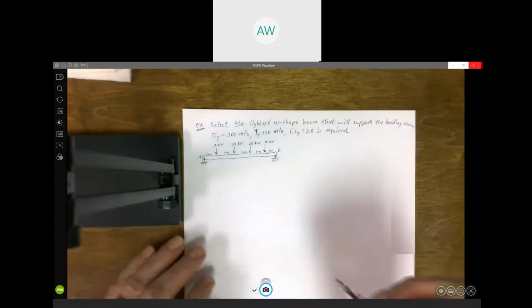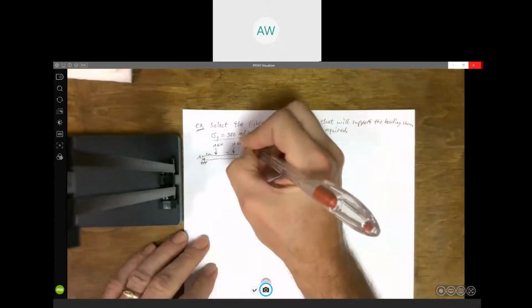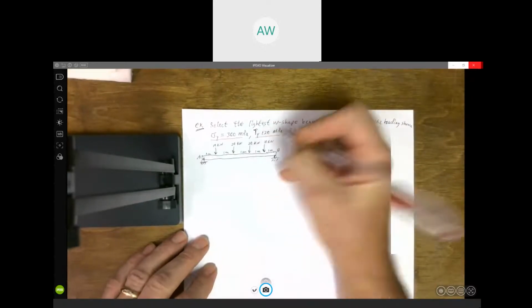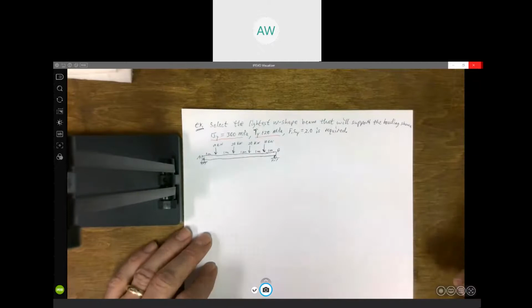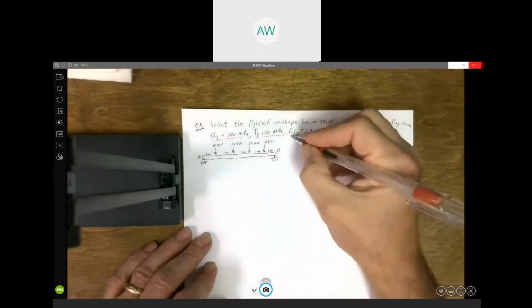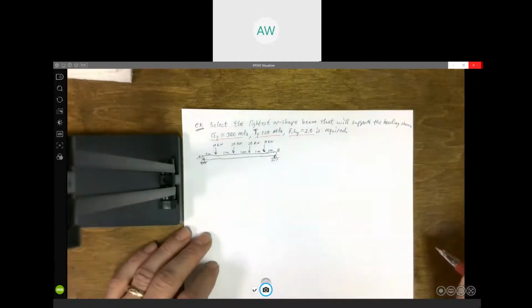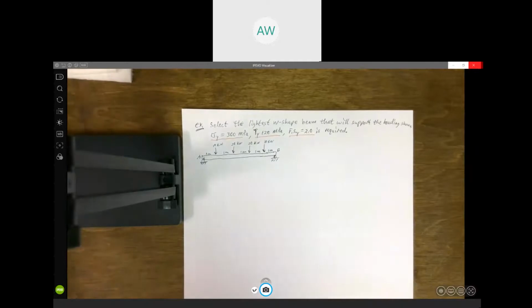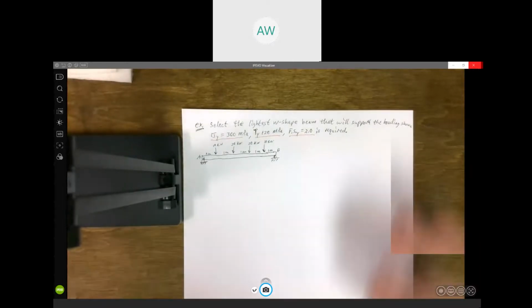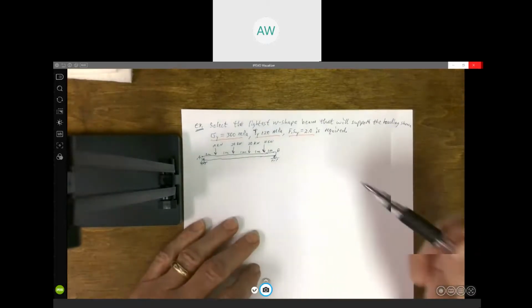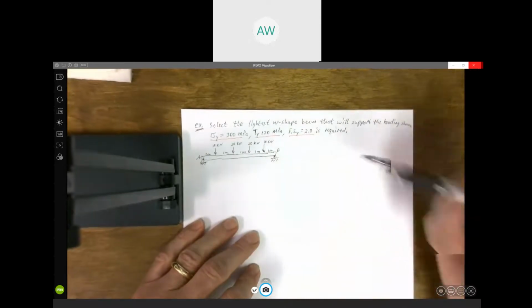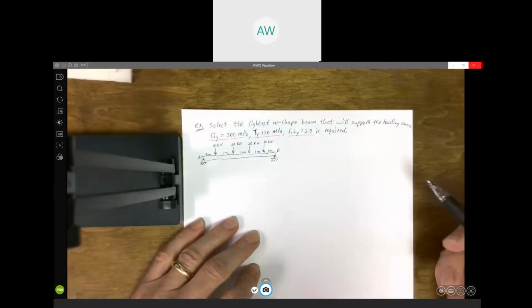We're given the material properties of that, maybe it's a steel. And we're also told what factor of safety is required. So again, this goes back, and you got to know about factors of safety from earlier in the semester as well. But the factor of safety is going to tell me what the allowable stress is.